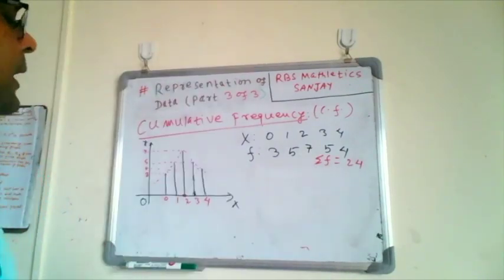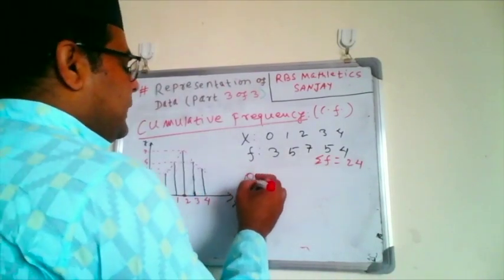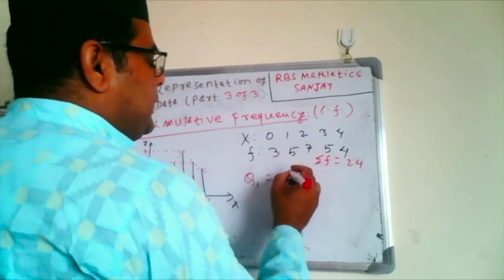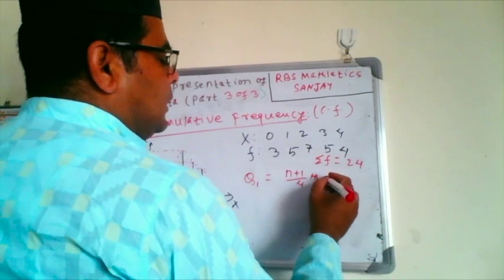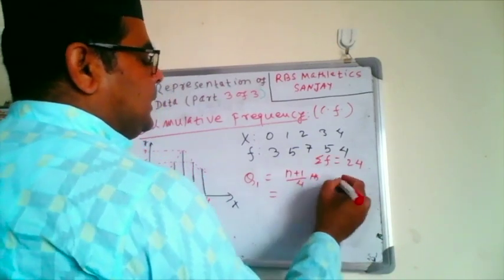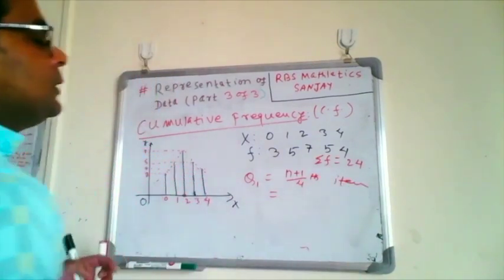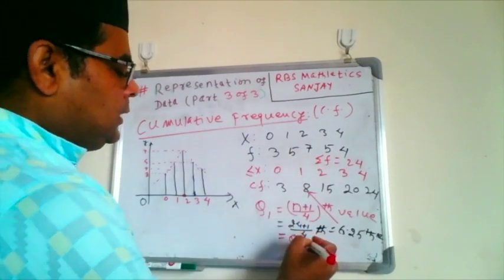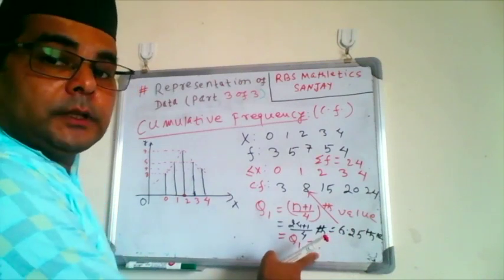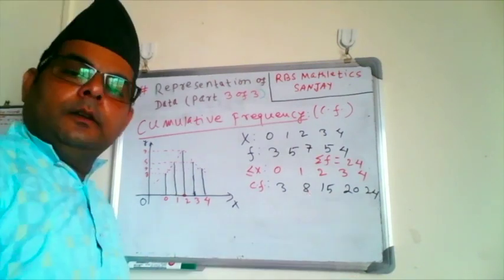And also if you would like to find the first quartile value, just by the usual way you can find the (n plus 1) by fourth item. That means, you can see here this is 1, so your first quartile value is 1 in this case.